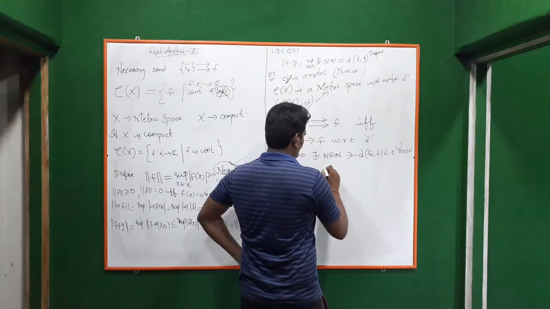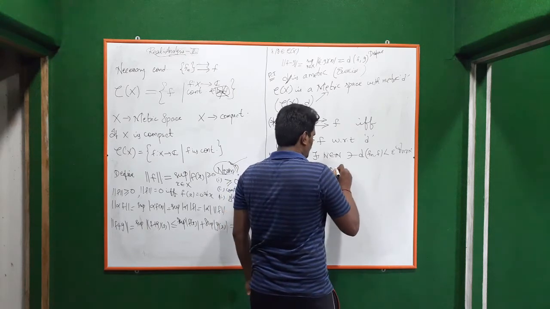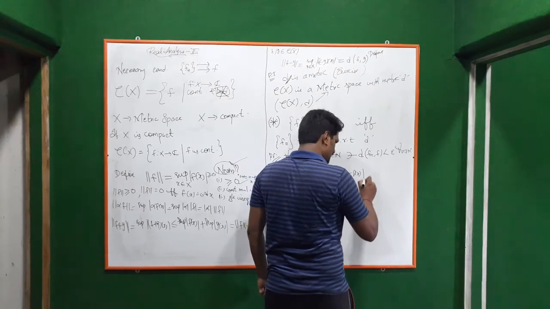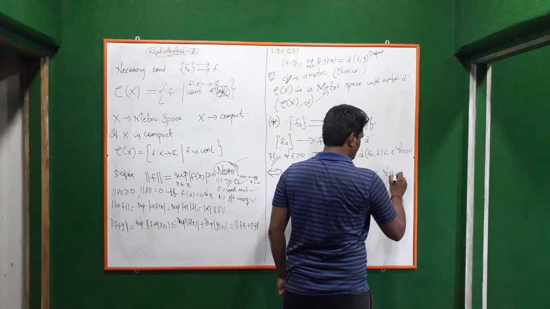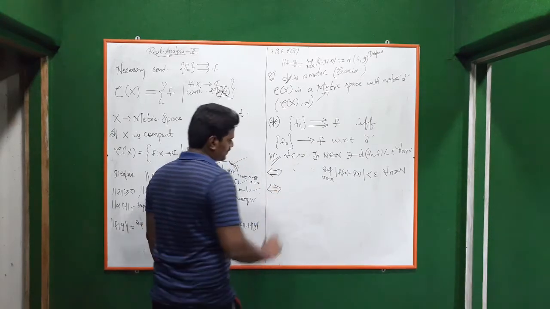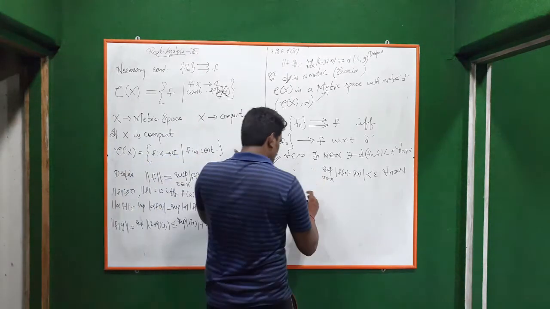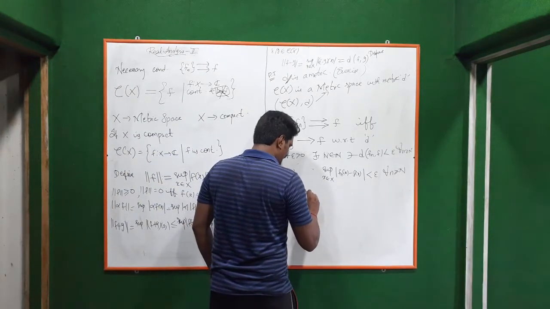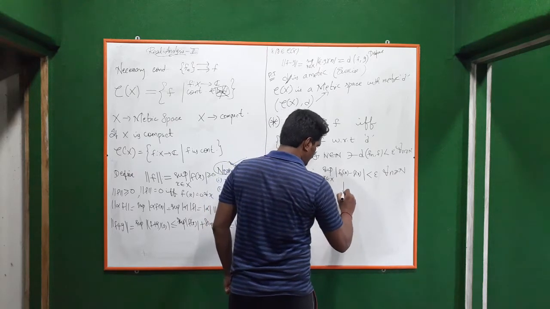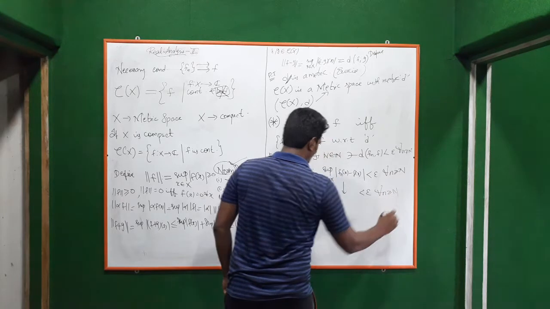Supremum over x in X of mod fn of x minus f of x. This is less than epsilon for every n greater than or equal to N. And this is equivalent to saying that, since the supremum is always greater than or equal to each element, mod fn of x minus f of x is less than or equal to this, which is less than epsilon for every n greater than or equal to N.